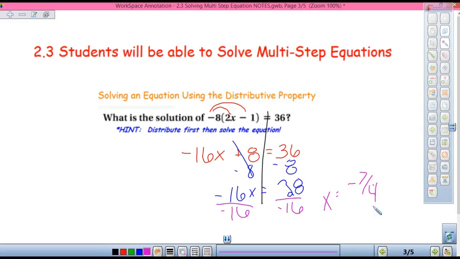What did it give you? Hit 28, your fraction key, negative 16. Really? Let me see.